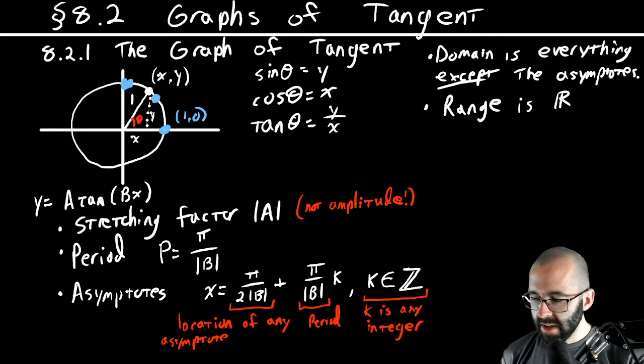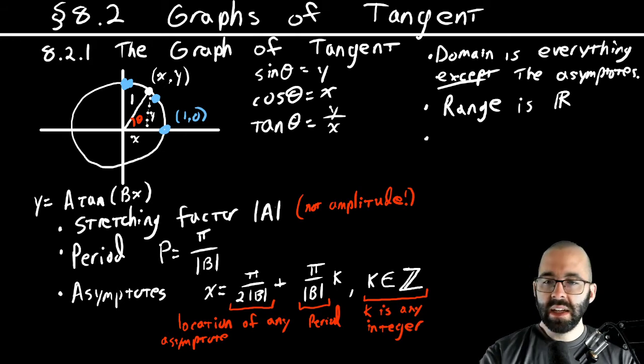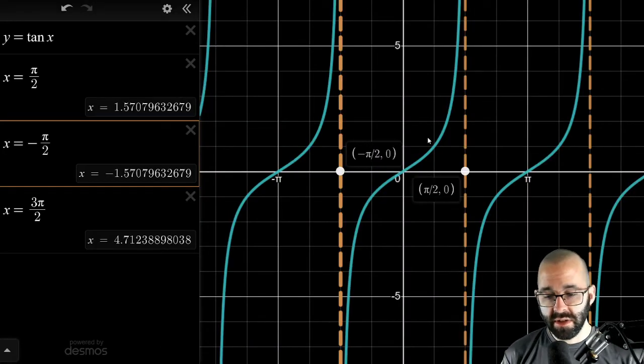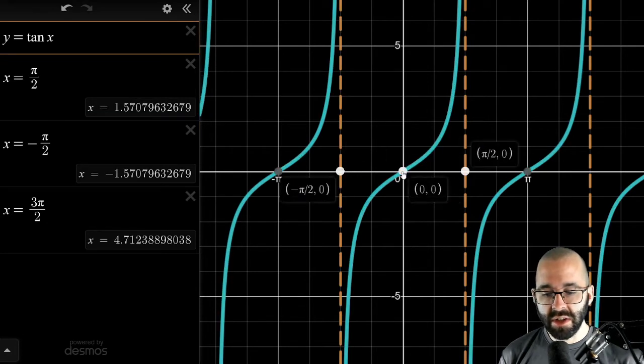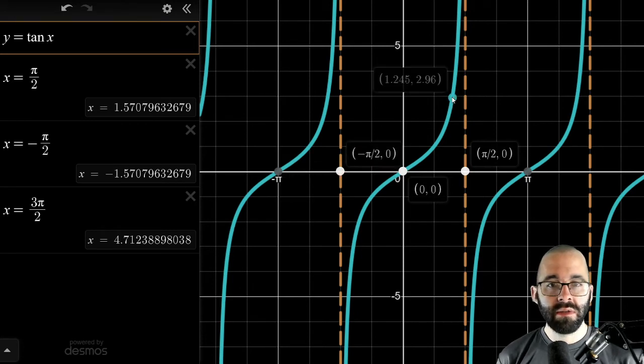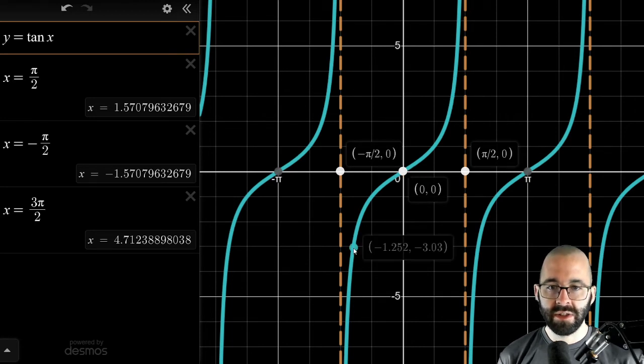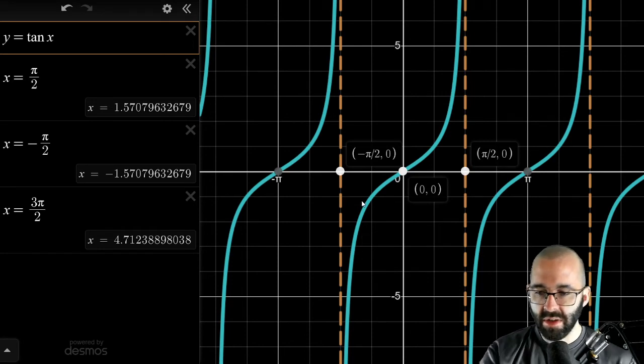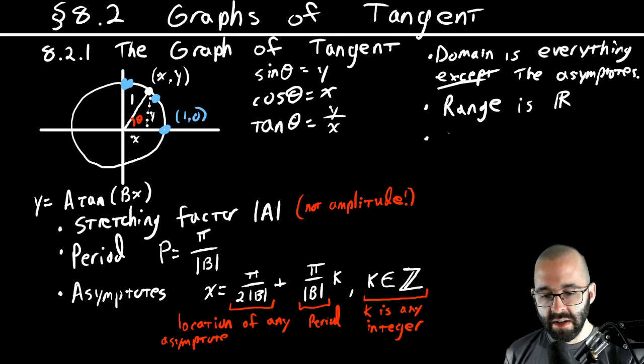All right, and the last thing I want to talk about is that tangent is an odd function. Remember, an odd function just means it's symmetric about the origin. Any point you pick, if you reflect it, bounce it across that origin, you're still on the graph. So it is odd. Couple of ways of writing it.